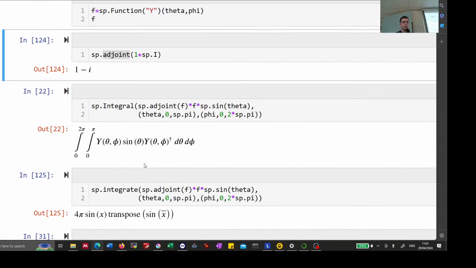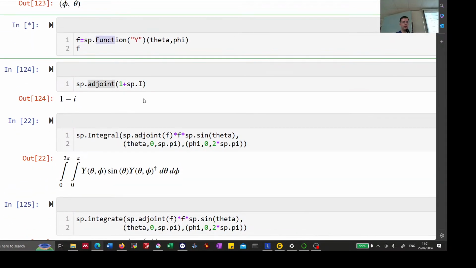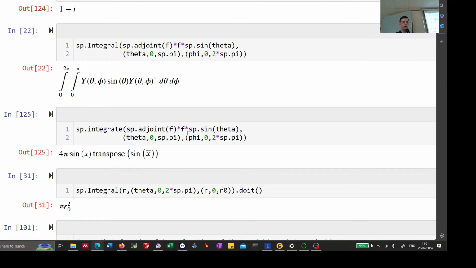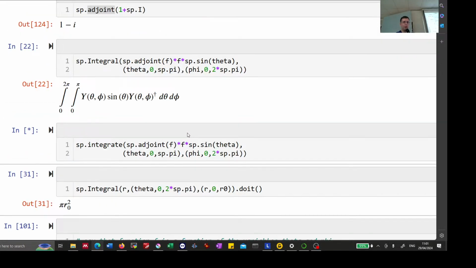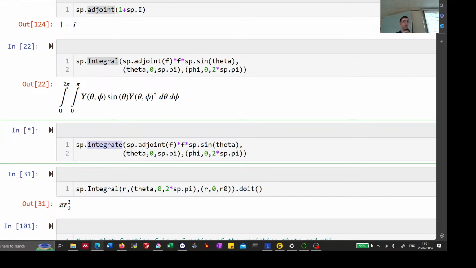Here's my f. So the thing is, I haven't defined that Y is my function of sine, right? So over here, where is it? Something else was in memory, and I should see actually the same between Integral and integrate. I do this to have a lot of checks in my work. So every time I check and I check and I check, because we're just humans and well, sometimes mistakes happen, but it's our task to avoid mistakes as much as possible.